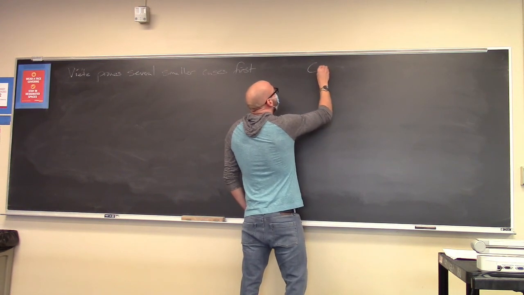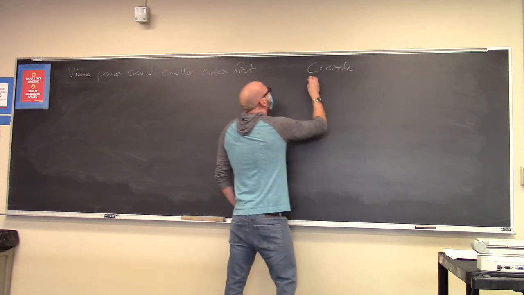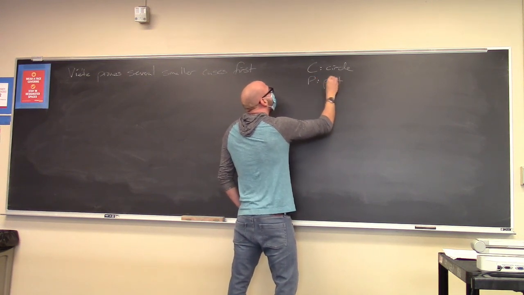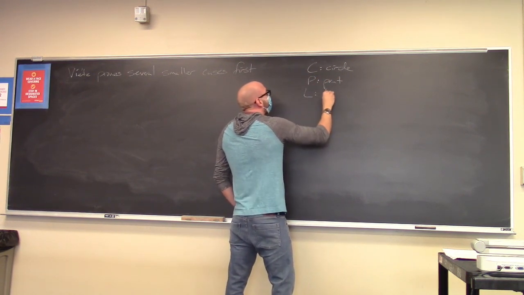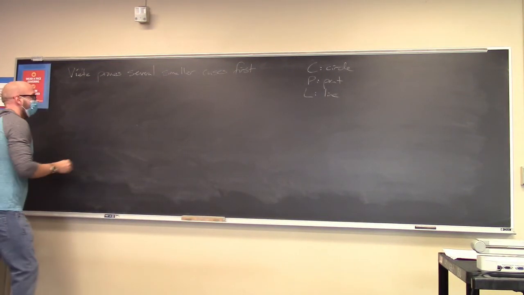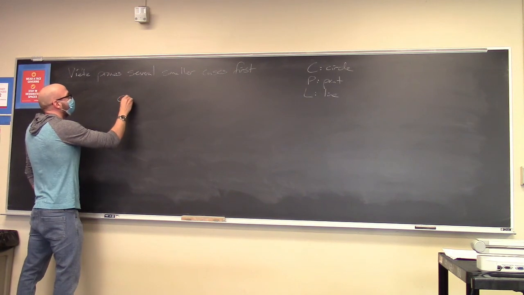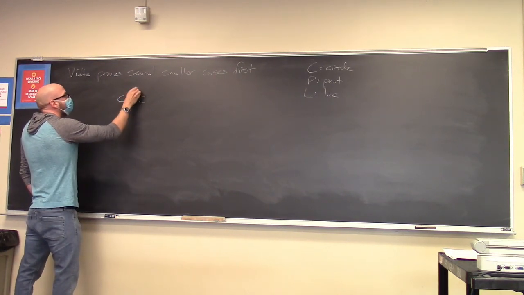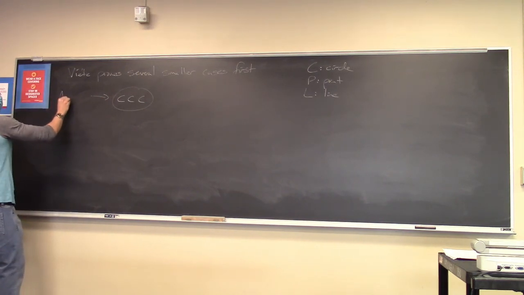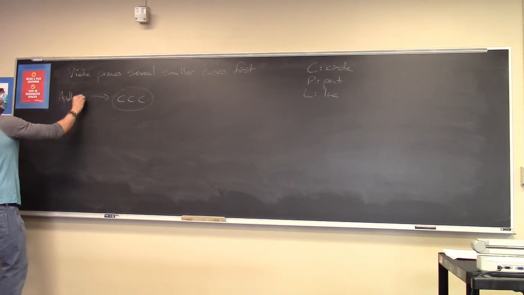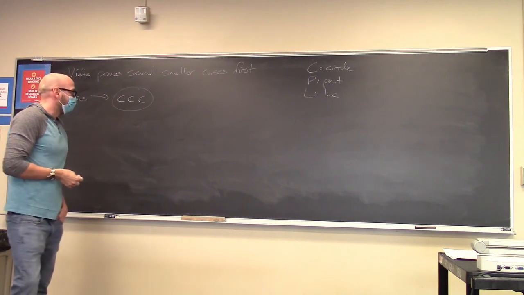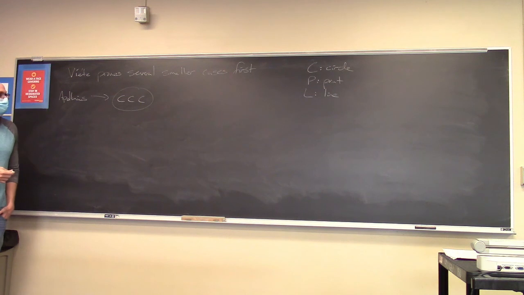So C will be a circle. P will be a point. And L is a line. And up here at the top of the pyramid, this is Apollonius' problem. That's CCC. And given 3 circles, I want to find a circle that's tangent to all 3 of them.